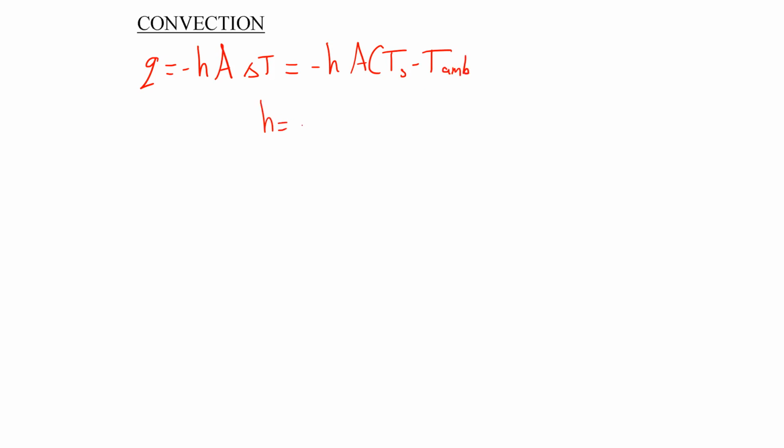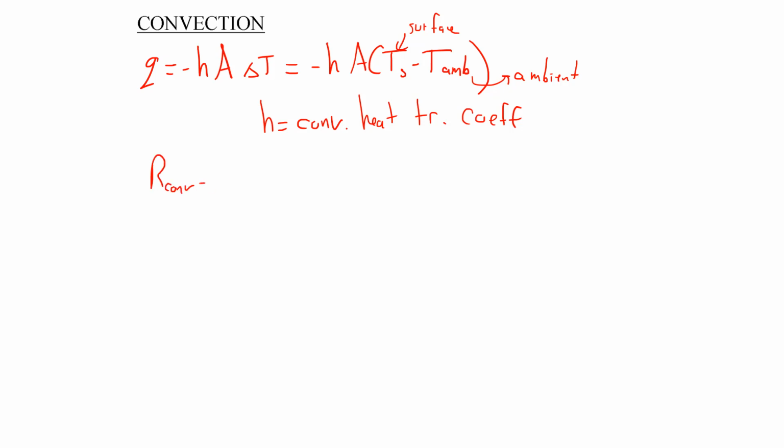Again, where h is the convective heat transfer coefficient, Ts is the surface temperature, and T-infinity is the ambient temperature. As far as resistance for convection, that's equal to 1 over the heat transfer coefficient, or also conductance is equal to the heat transfer coefficient.